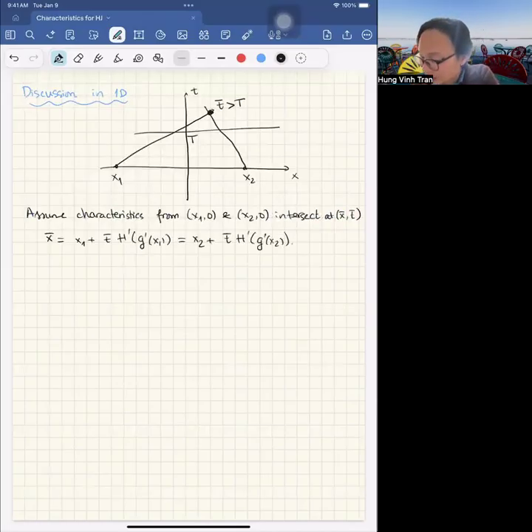And of course, as x1 is not equal to x2, for the two quantities above to be the same, this can only happen if g prime of x1 is not equal to g prime of x2. Otherwise, if they are the same, then you would have two parallel characteristics.